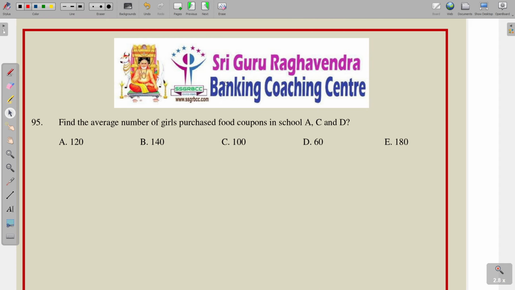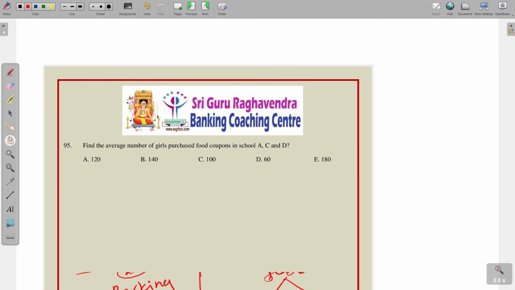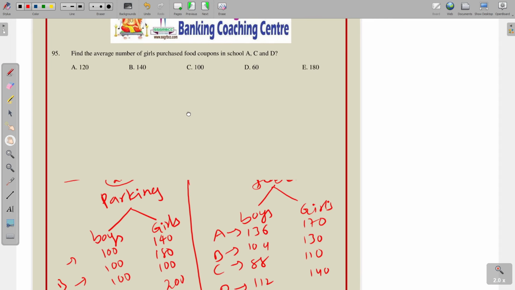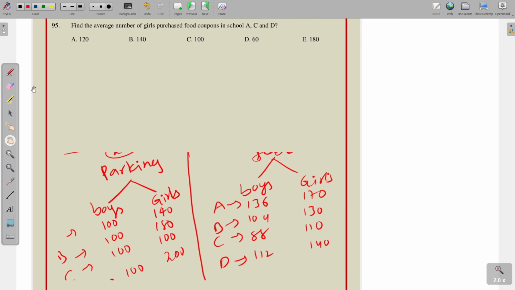Next question. This is food. This is parking for A, for C, for D. Find the average number of girls who purchased food coupons from A plus C plus D. So girls purchased food coupons of A 170, for C it is 110, for D it is 140.